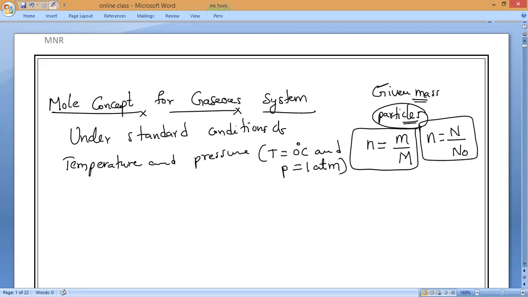What do you mean by 1 atm? Atmospheric pressure. Please remember 1 atm means atmospheric pressure.